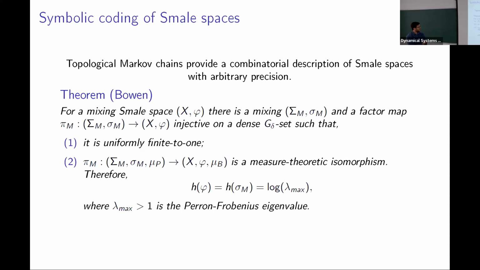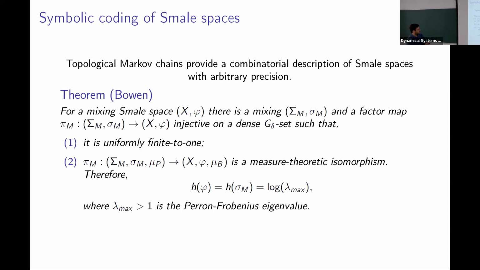By that I mean it's a quotient, and the quotient map intertwines the dynamics. Now this map is also nice. It is injective on a dense G delta set. Moreover, it is uniformly finite to 1. The cardinality of the preimage is uniformly bounded.